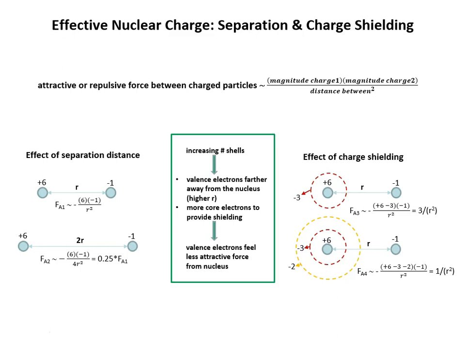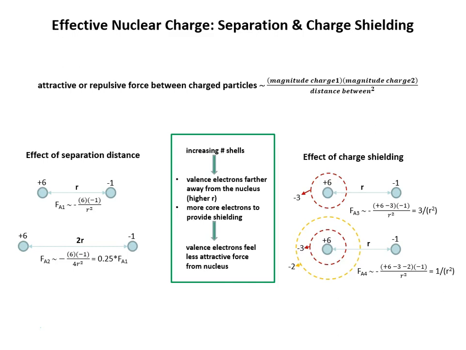So you can see if you increase the distance by 2 over on the left-hand side of a +6 charge versus a -1, simulating a nucleus and a single electron out there somewhere in some outer shell, if we double the radius, we reduce the interparticle force by a factor of 4. So it's 0.25 times the force in the A1 case there.